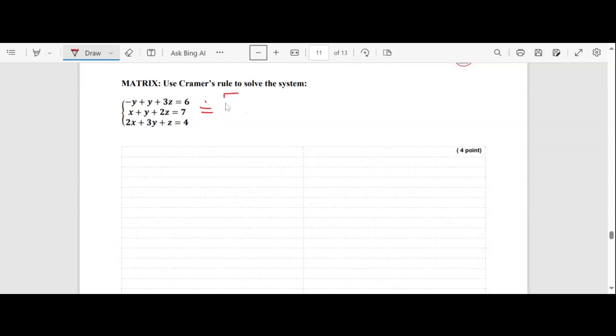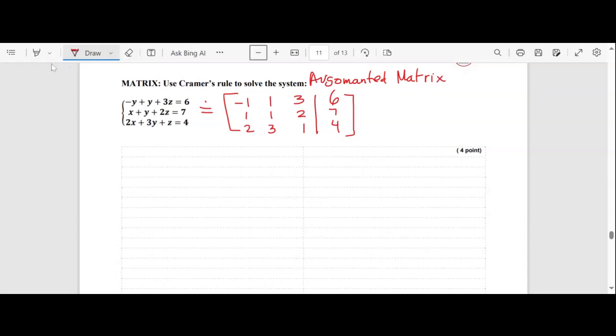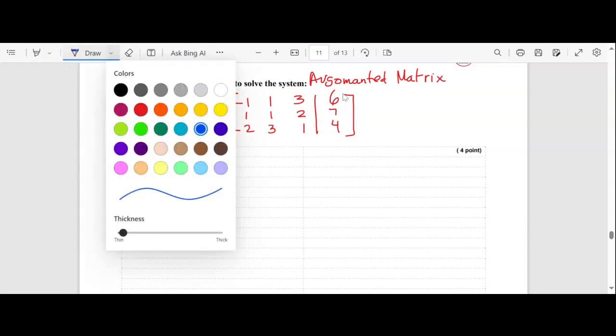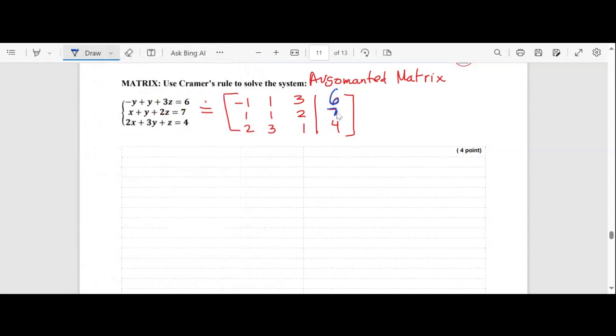So to change this to a matrix, that's how it's going to look. Okay, this is called an augmented matrix. As you know, those values are constants, which come after the equal sign.